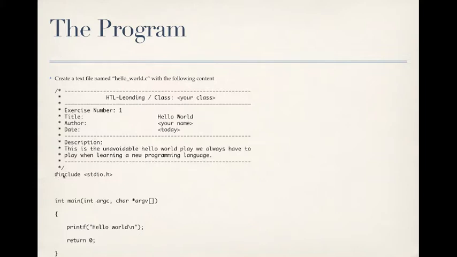And the next line is new to you, but also shouldn't be a big problem to understand at first hand. We include something which makes us able to print something. This is stdio, standard I/O, meaning input and output. So we include a header file to be able to do input and output.